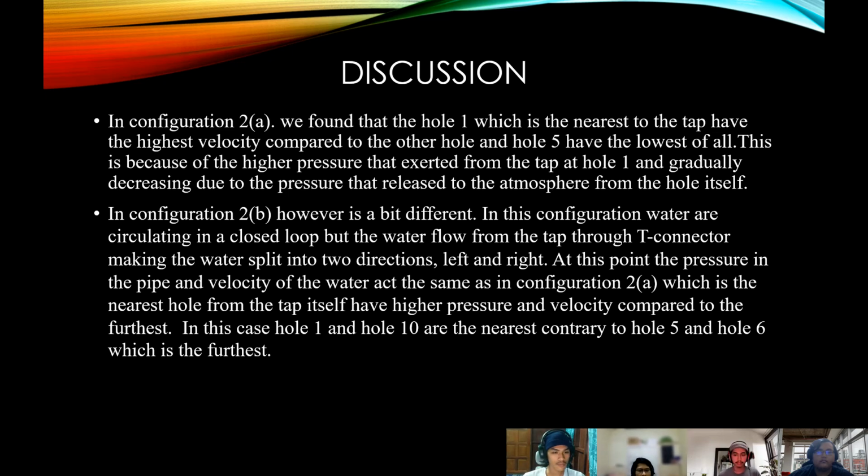At this point, the pressure in the pipe and the velocity of the water act the same as in configuration 2A, where the nearest holes from the tap have high pressure and velocity compared to the furthest. In this case, hole 1 and hole 10 are the nearest, contrary to hole 5 and hole 6, which are the furthest.